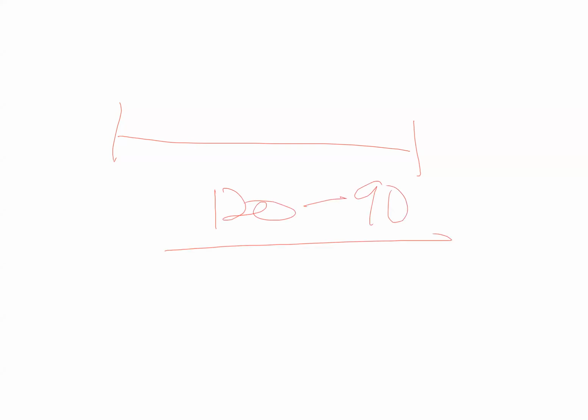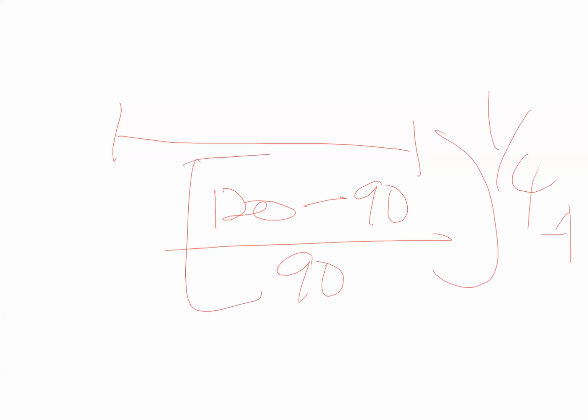But remember also that the same thing I asked you to calculate, we could have done it using the formula this way: 120 minus 90 over 90, raised to the power 1 over 4, minus 1, times 100. You get the same 7.46.